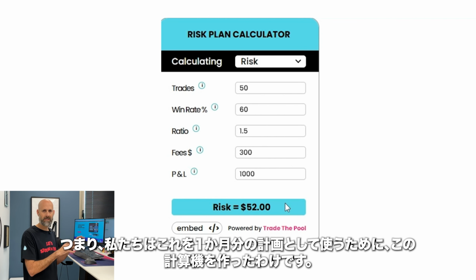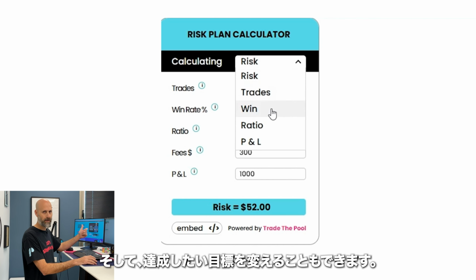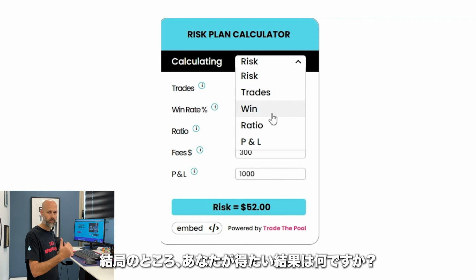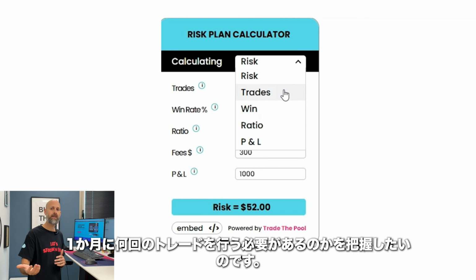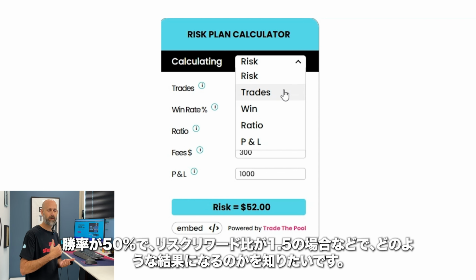So basically we built this calculator for, again, a full month plan, and you can also play with what you want to get, what's basically the outcome you want to get. I want to understand how many trades I need to make in a month if I want to do XYZ, or I want to understand what my ratio needs to be, or what my success rate needs to be, or what my P&L will be if I'm going to have a 50% win rate, 1.5 ratio, and so on.